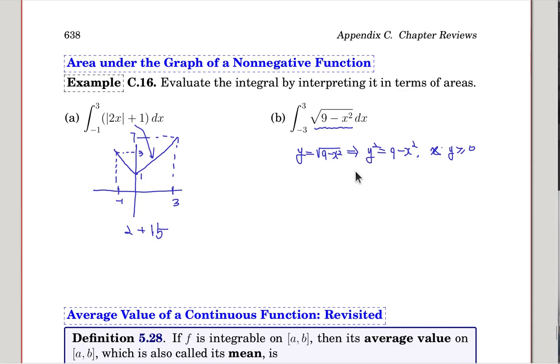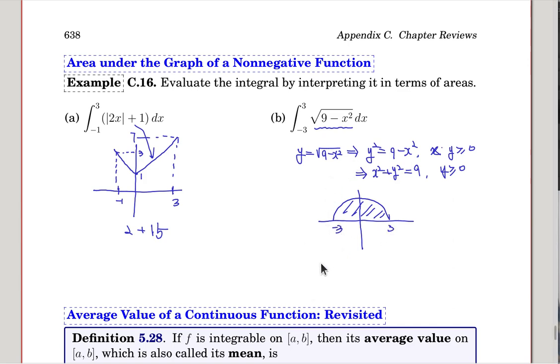From this we get x squared plus y squared equals 9, with y larger than or equal to 0. So pictorially, we can make it this way: the upper half circle, so we have to find this area. There's a 3, and this is -3.